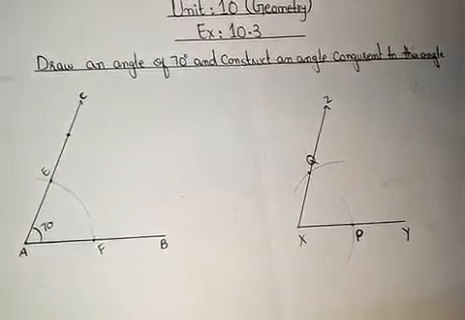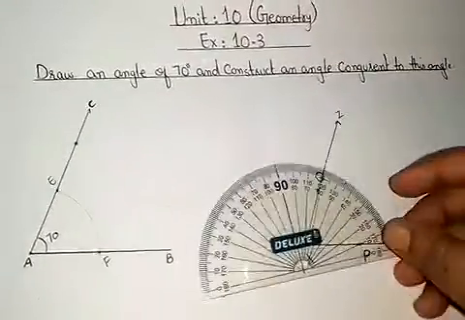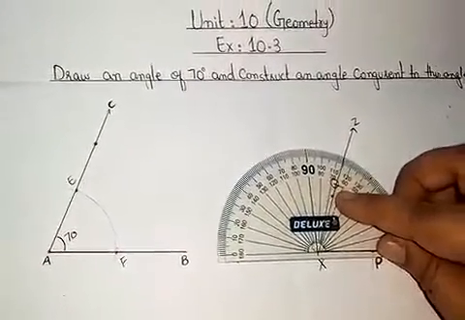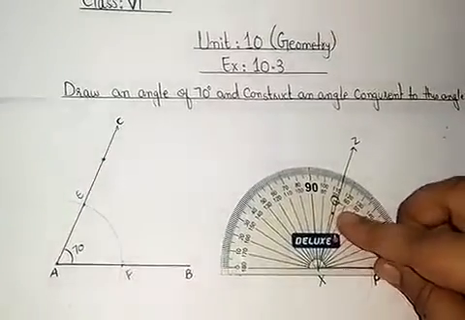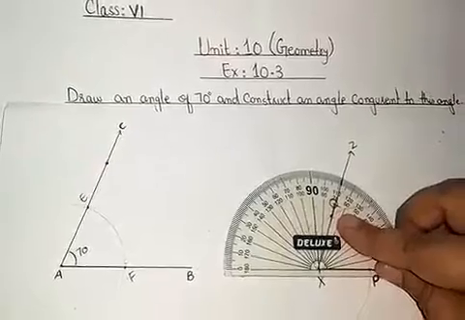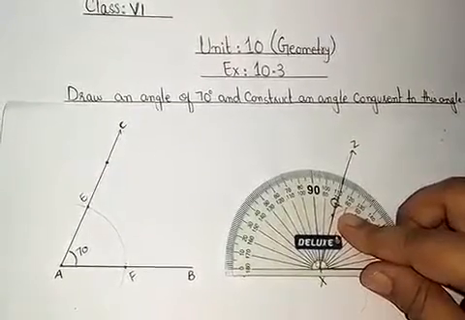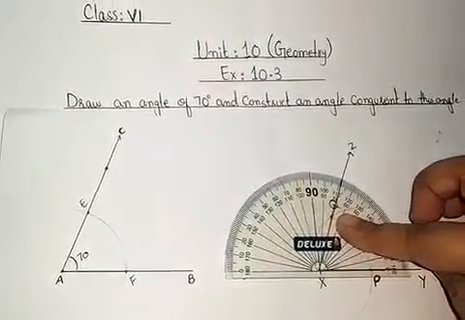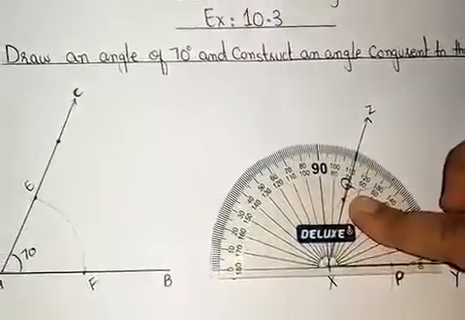Now we have to measure the angle. So for this I will use my protractor. I will place it on X, and then you can see that we have drawn a congruent angle of 70 degrees, and the measure of the congruent angle is also 70 degrees.